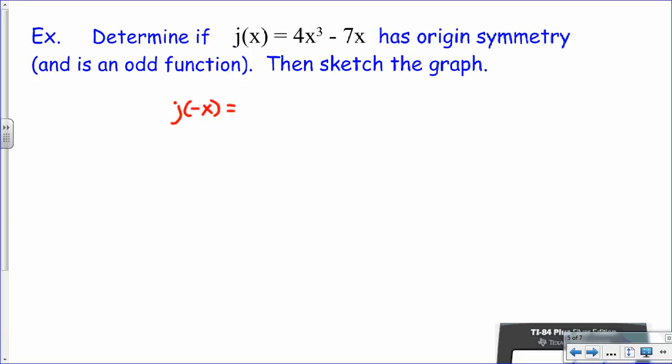Okay, so plug in negative x. For even or odd, you're always testing negative x. If you get the exact same, it's an even function. If you get the exact opposite, it's odd. If you get some that are the same, some that are opposite, then it's neither.